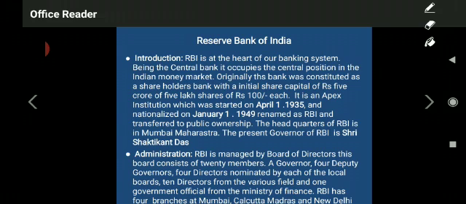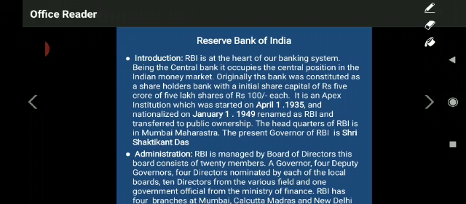One is governor, 4 are deputy governors who support the governor, and 4 directors are nominated by each of the local bodies. Each of the local bodies means there are 4 branches of RBI. From each branch, 1 director is nominated.